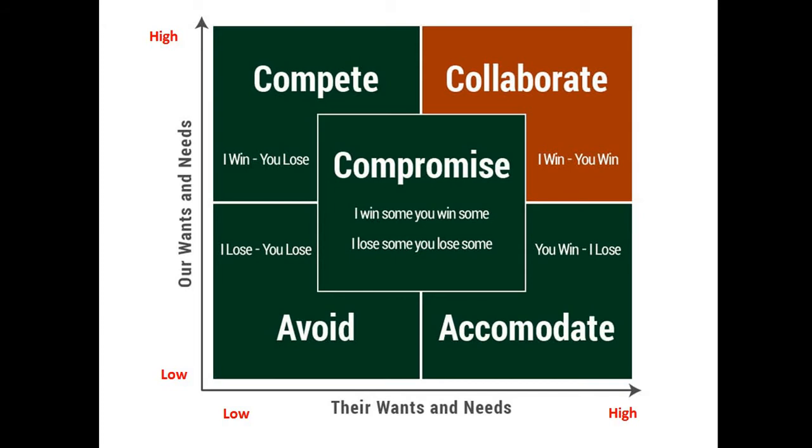So when we come to a negotiation table, we place our wants and needs at one side and the other party's wants and needs are on the other side. And we will adopt one of these positions depending on how we position our needs and their needs. So I will explain these positions one by one.